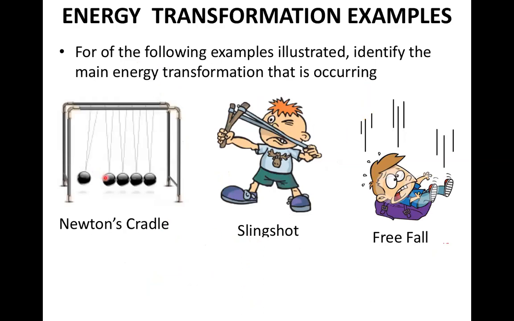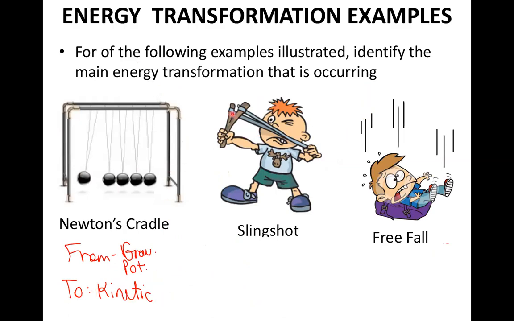So Newton's cradle, depending on where you're starting and ending, could be one of many examples, but specifically looking at lifting this ball up and then letting it go, we've got gravitational potential turning into kinetic.